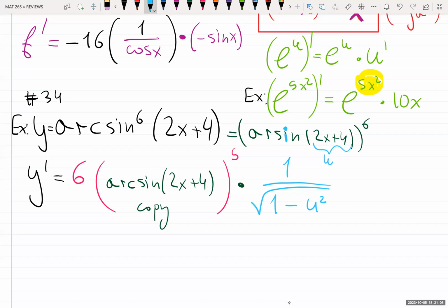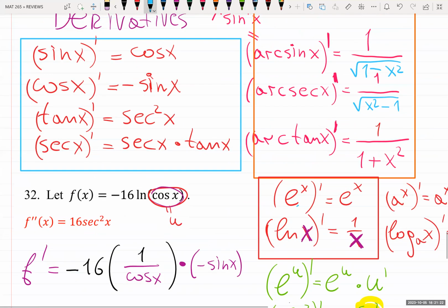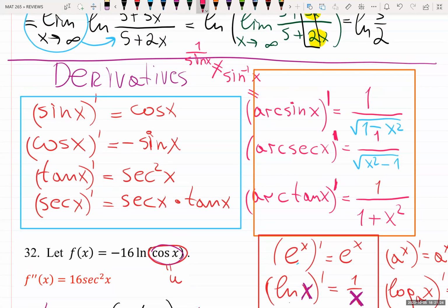That's u squared. So what is going to be inside of u? Instead of u, 2x plus 4 squared. That's how it works. So remember, it's input squared. That's why sometimes I like to give these formulas using u instead of x.